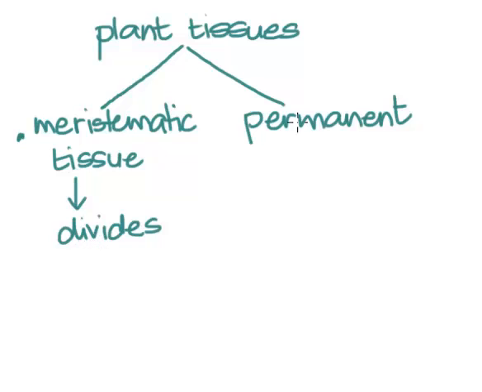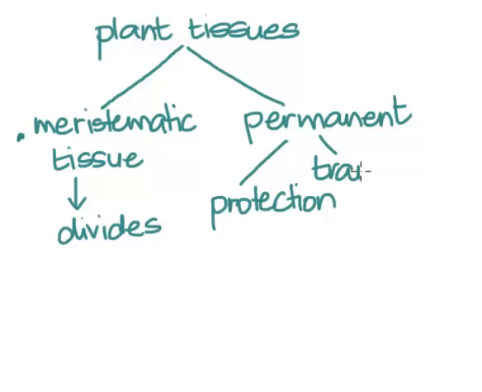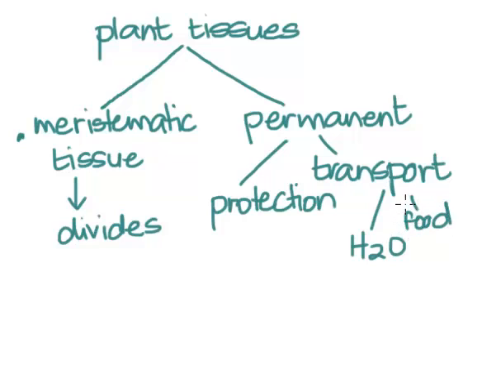On the other hand, permanent tissue has specialized, and we get different kinds of permanent tissue. We get tissue that acts as a protection layer. We get tissue that acts to transport, and we get water transporting tissue as well as food transporting tissue.